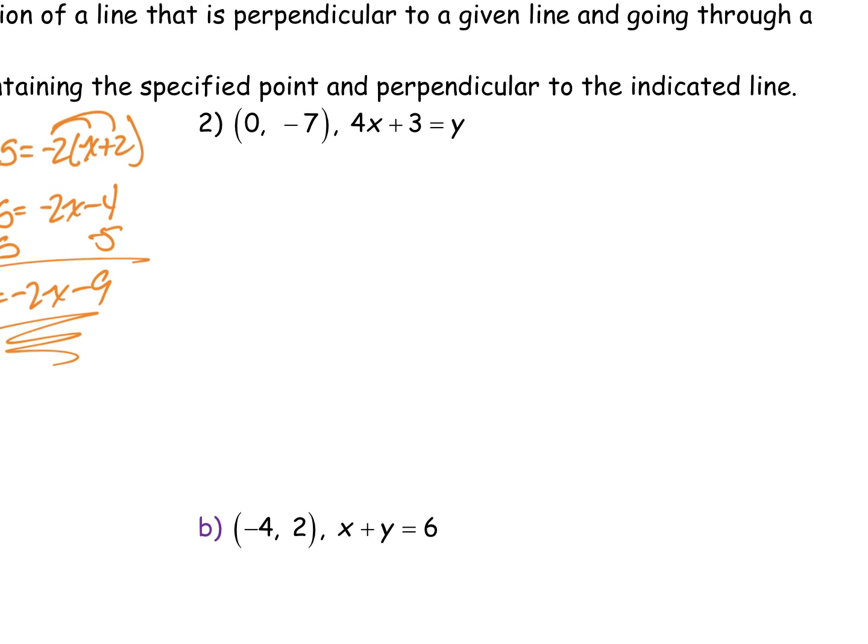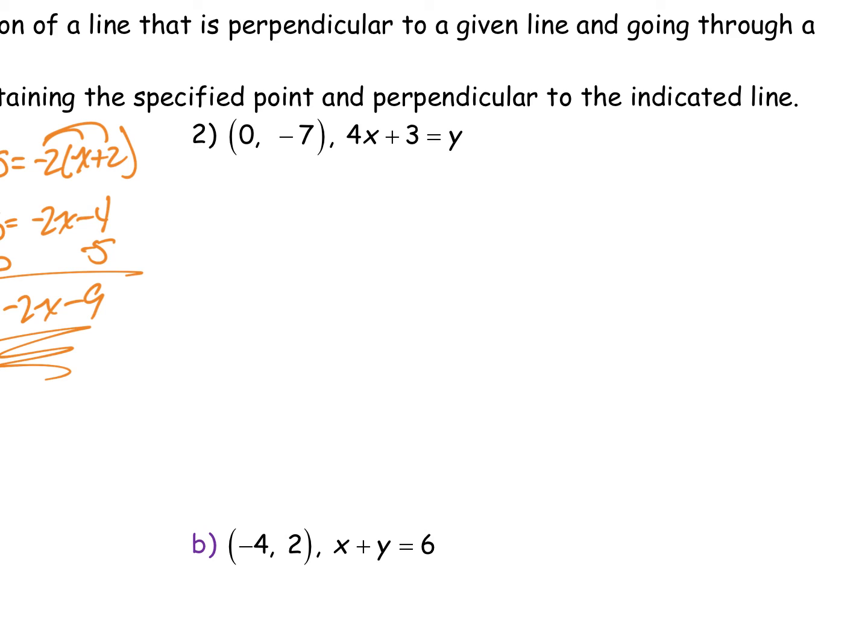Okay, same thing. I'm going to find the equation of my, oh, it's already solved for y. Thank goodness. What's my slope? 4/1. What's the slope of my perpendicular line? -1/4. So now I'm going to use my perpendicular slope and the point they've given me.